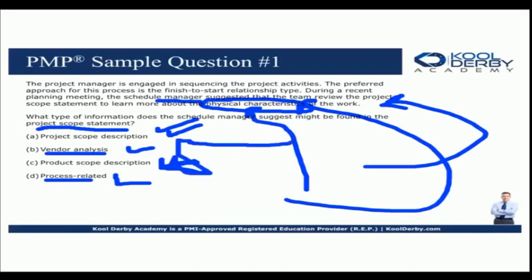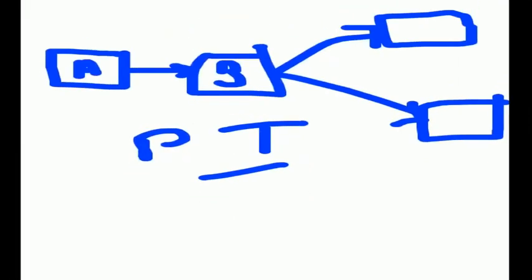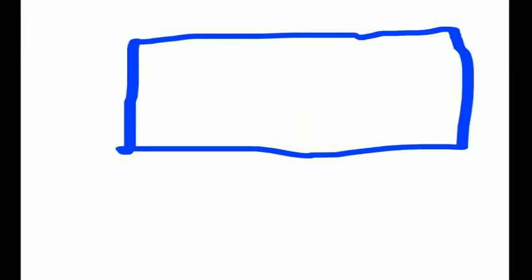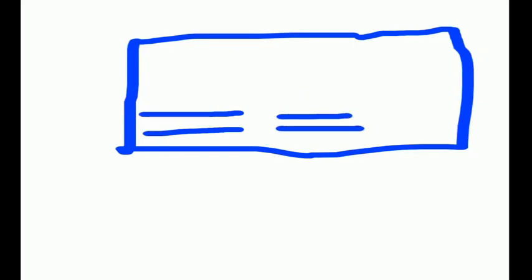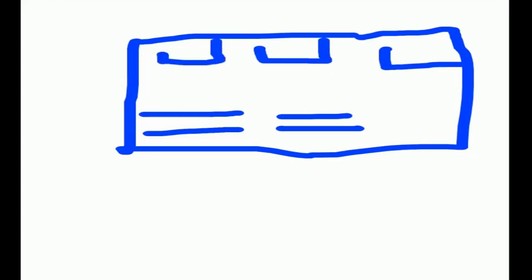Let me explain this. So I'm building an airport. Let's just say I'm going to build an airport. All right, here's an airport. So the product scope description explains the physical characteristics of the airport, like the runways. And this is not obviously meant to be exact, but you've got restaurants, you've got lounges, you've got terminals inside the airport, you have emergency medical personnel, and so on.